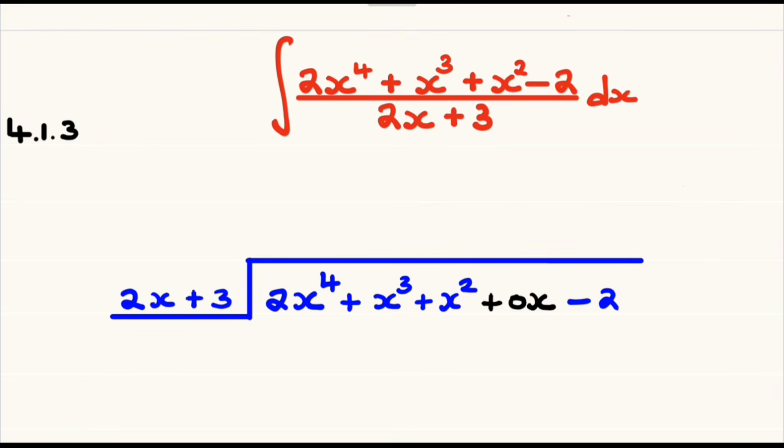So from here, we have to take the first term, the 2x to the power 4, and divide it by the 2x. So 2x to the power 4 divided by 2x is equal to x to the power 3. We take the very same x to the power 3, we multiply it with the 2x plus 3. So x cubed multiplied by 2x will be equal to 2x to the power 4.